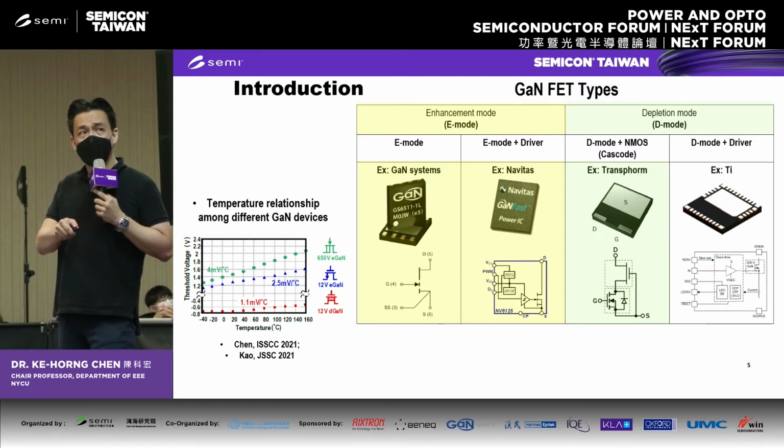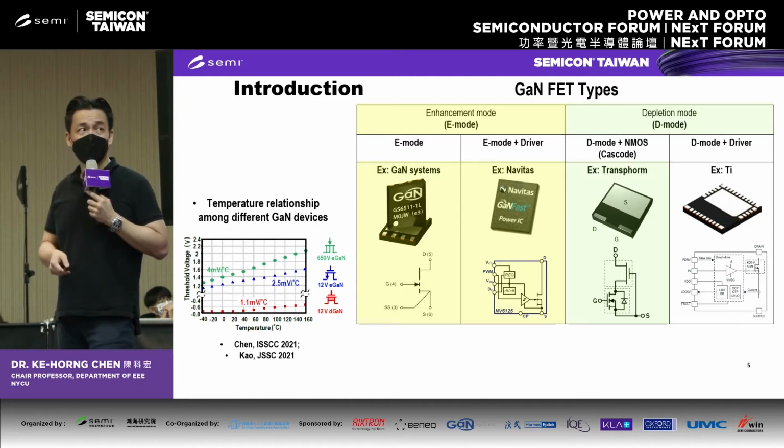On the other hand, the D-mode is not easy to use, but if you use the cascode structure, the operation is similar to a conventional MOSFET. But the switching frequency cannot be raised to a high value.